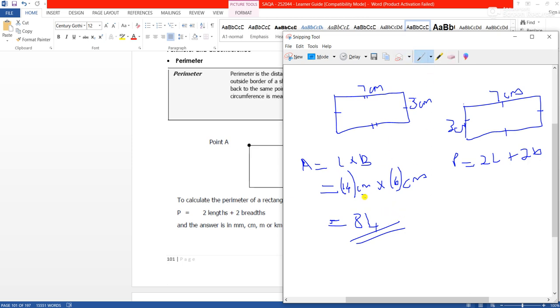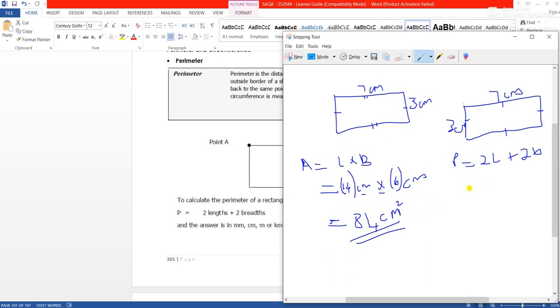Like here we've got the centimeters, right? And when we times 2 centimeters, because we are using an area formula, your answer will be in centimeters squared, because we are timesing the 2 centimeters.